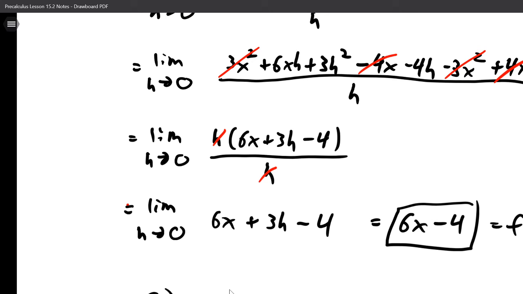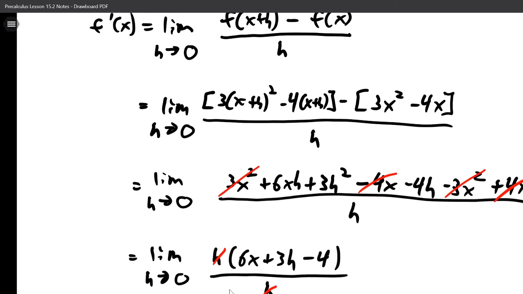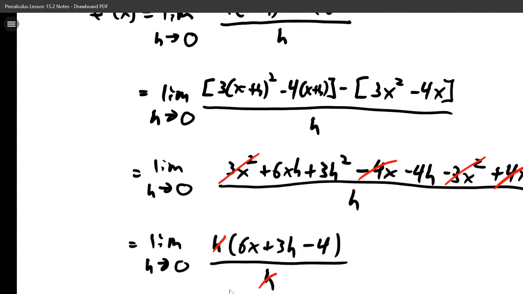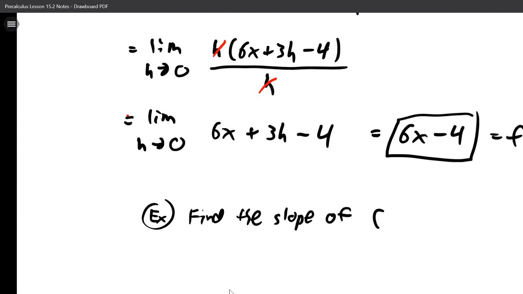So as a little example, find the slope of, what was my original equation? f of x equals 3x squared minus 4x at x equals 2. Well, what's that slope?